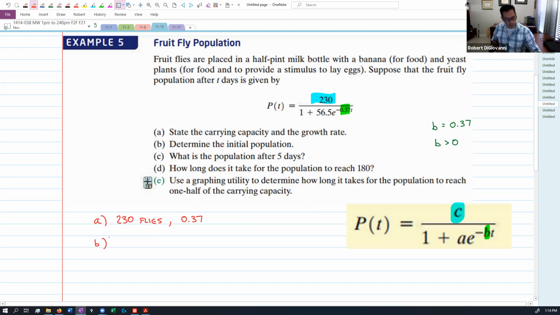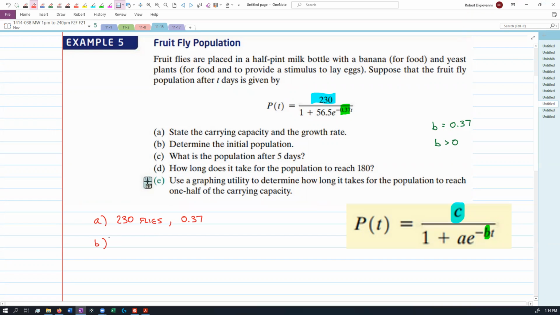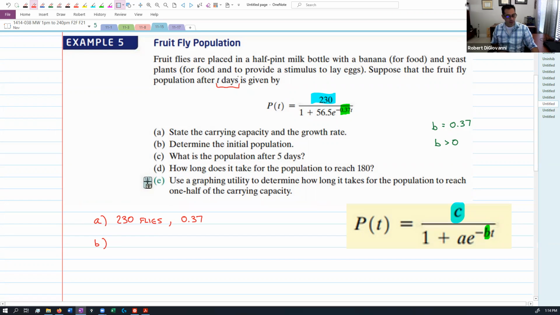All right, so what is part B asking for? To determine the initial population, what do we need to do? Set t equal to 0. Equal to 0, right? So t here is the number of days. So if we want to know the initial population, we want to know what's happening at the beginning. So we want to take 0 and plug it into the function.